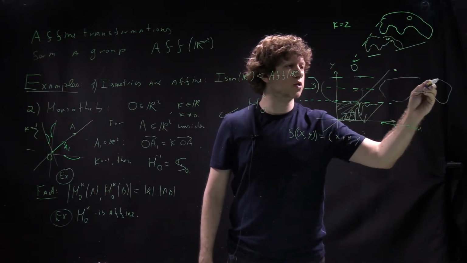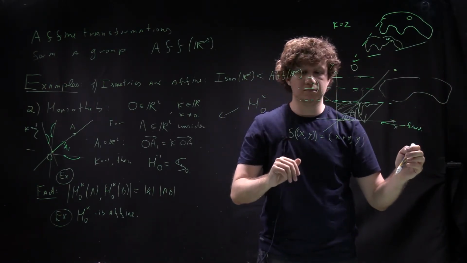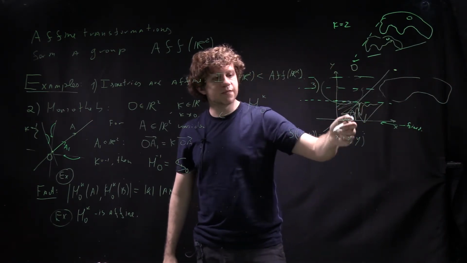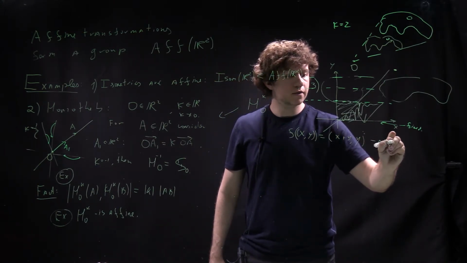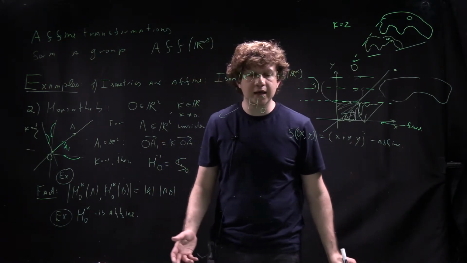moved and boosted, changed, reshaped elephant. So that's the picture. You can practice a little bit. And this is also affine. How to see that this is affine? Let's take a line.